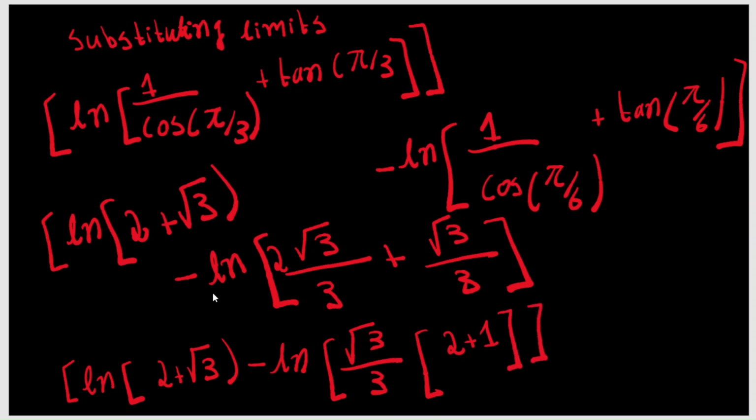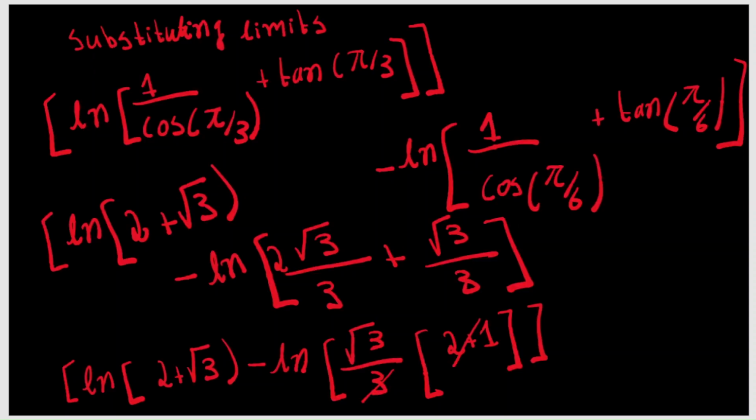So that 3 and that 3 are going to get cancelled. Then we're left with ln of 2 plus root 3 minus ln of under root 3.